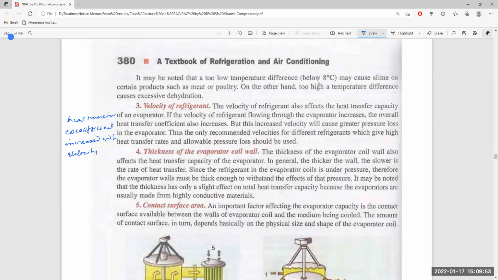But this increased velocity will cause greater pressure loss in the evaporator, so only the recommended velocity for different refrigerants, which gives high heat transfer rates with allowable pressure loss, should be used. A high rise in velocity will be associated with pressure loss.